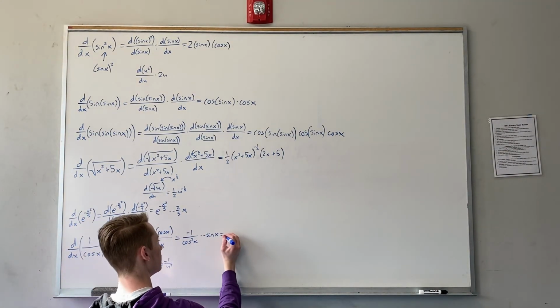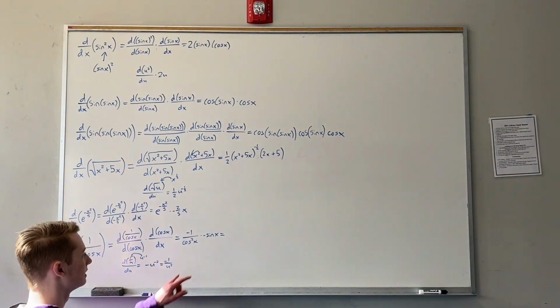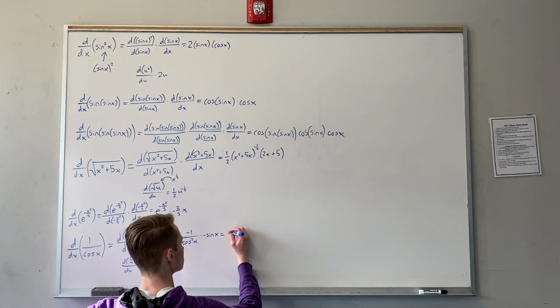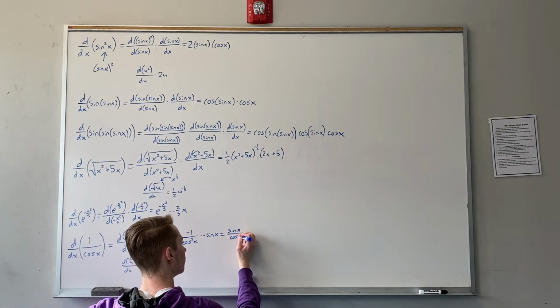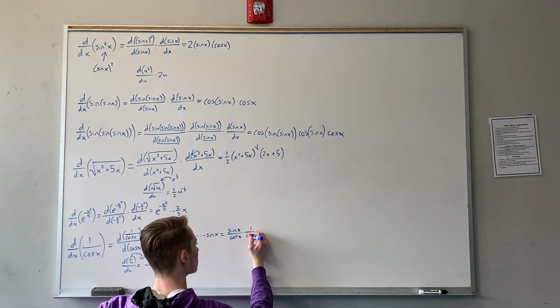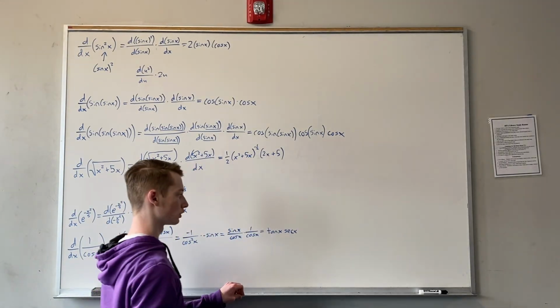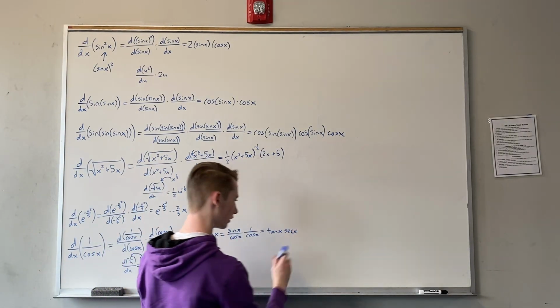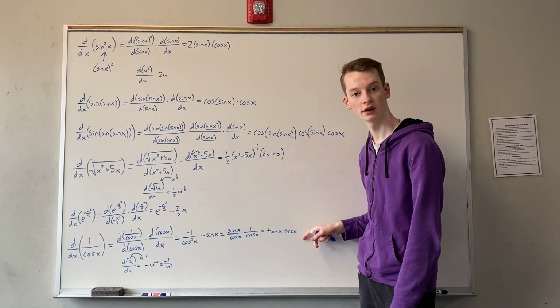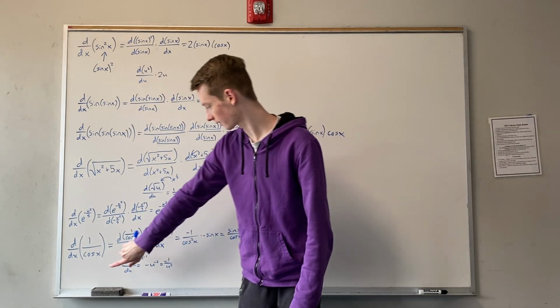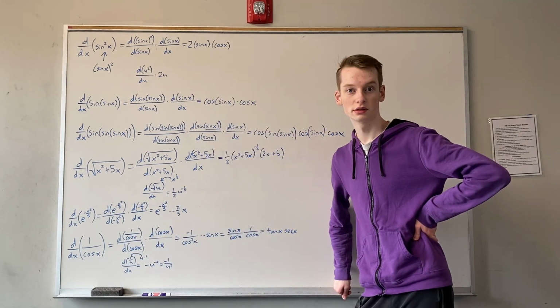And then if you do a little simplifying, these negatives cancel. You get sine of x over cosine of x times 1 over cosine of x, which is tangent of x times, and then 1 over cosine of x is secant of x, which should look awfully familiar because that's the derivative of secant of x. And look over here, 1 over cosine is just secant.